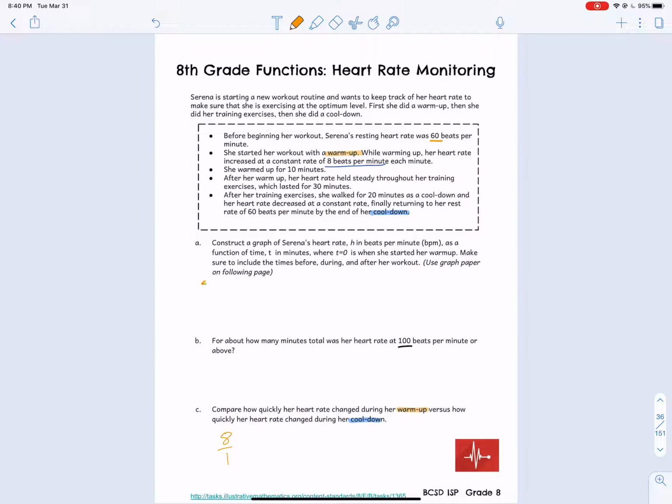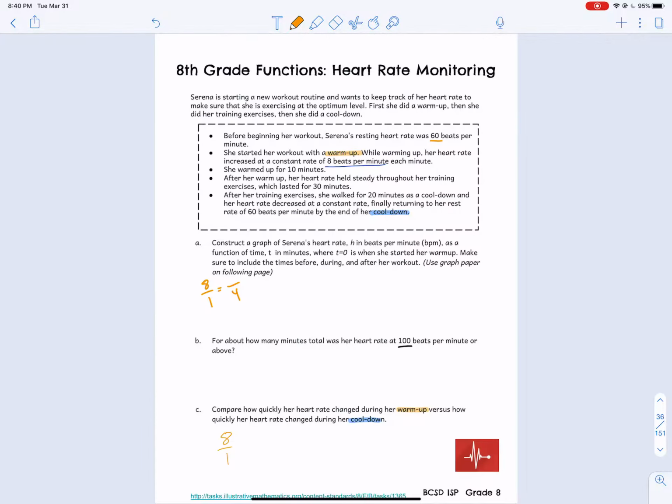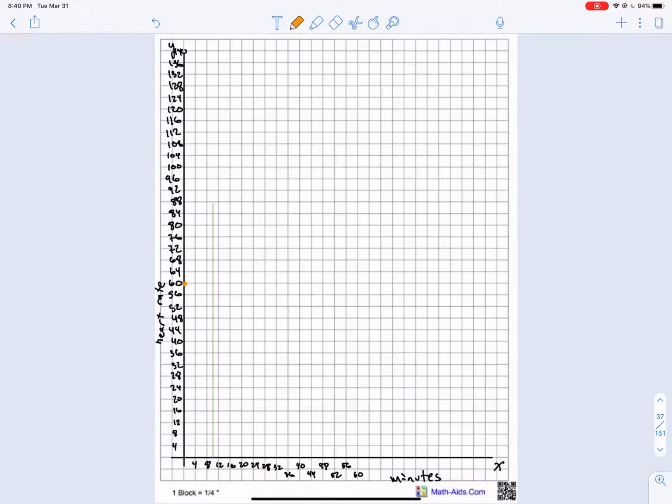So 8 per 1 minute, but I want it per 4 minutes, so I know where to put my points, since I'm not counting my ones. 8 times 4 is 32. So 32 beats for every 4 minutes. Up 32 over 4. 60 plus 32 is 92 over 4.